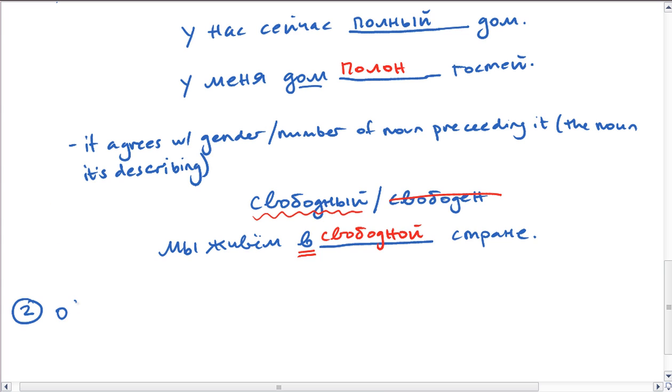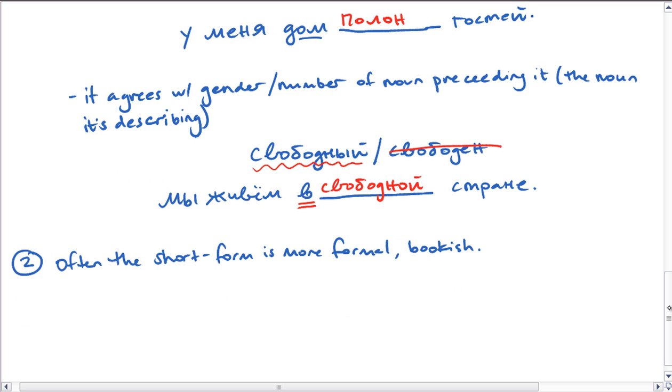So often the short form is more formal or bookish. So this is the form you're going to choose in your written Russian, and you'll probably use the long form in spoken Russian.